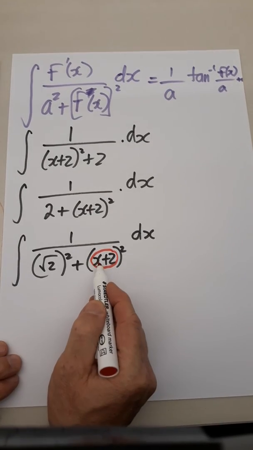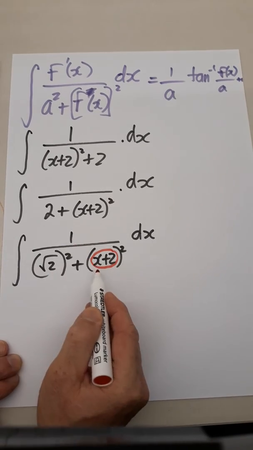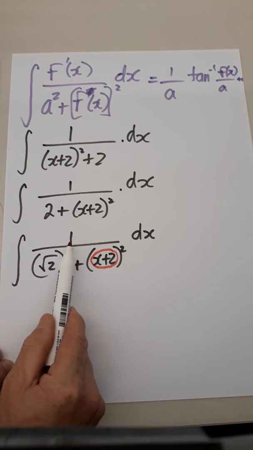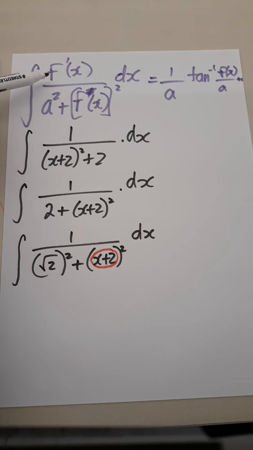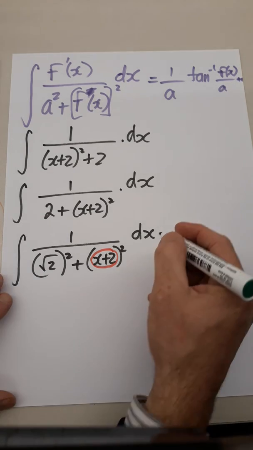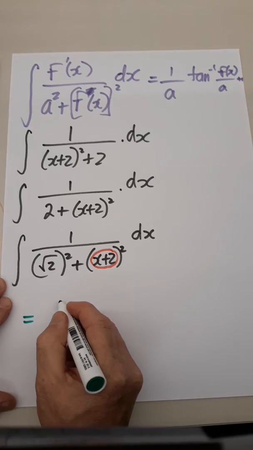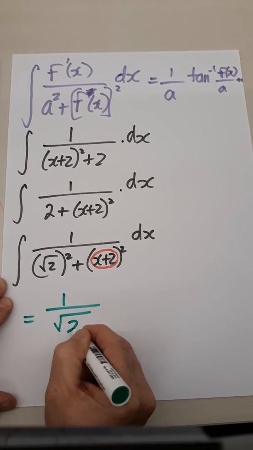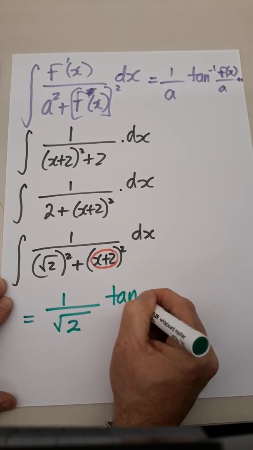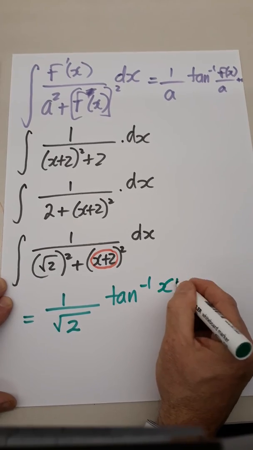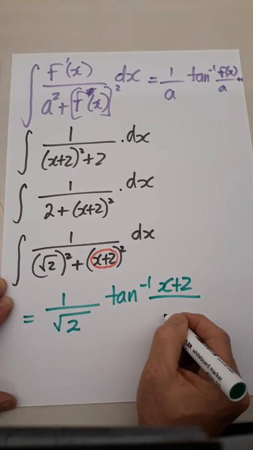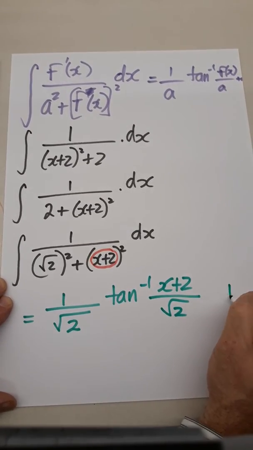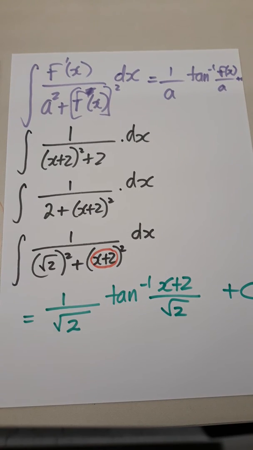What's the derivative of x plus 2? 1. Oh, good. So we have the derivative of the function over a squared plus f of x squared. We can just write down the answer directly. This is equal to 1 on root 2 inverse tan of f of x, which is x plus 2, on a, which is root 2, plus c.